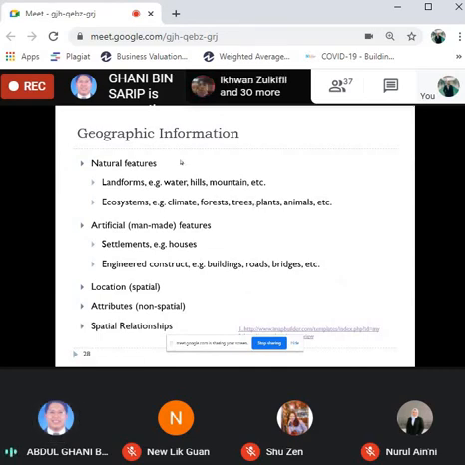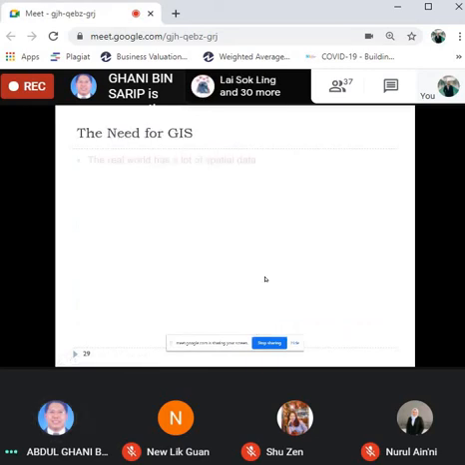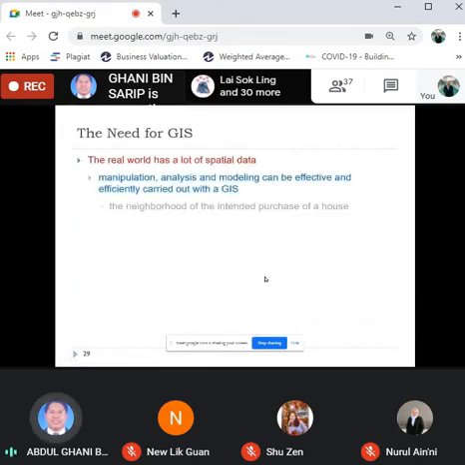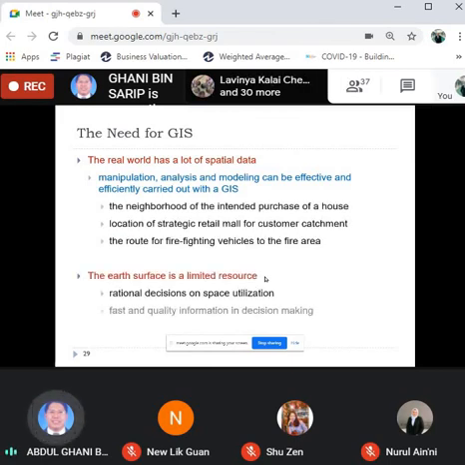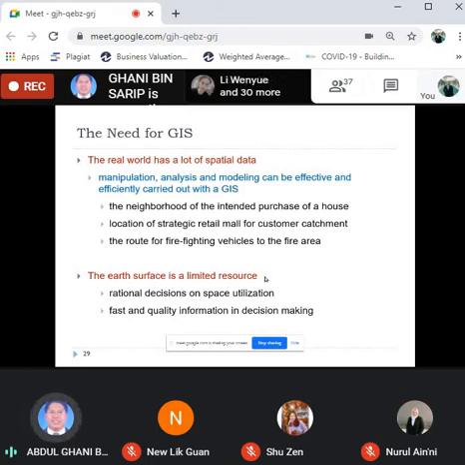And then we have location, the attributes, and the relationships on the spatial map. Again, for GIS, these are some of the benefits, or the required capabilities or functionalities of a GIS in today's applications.